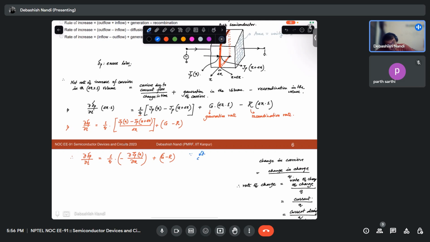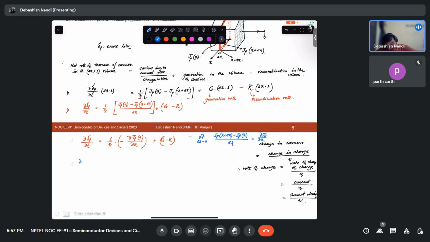Because limit delta x tends to 0, Jp of x plus delta x minus Jp of x over delta x is nothing but djp over dx. This is the basic definition of differentiation.